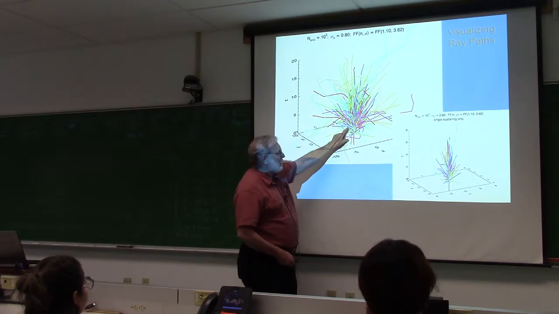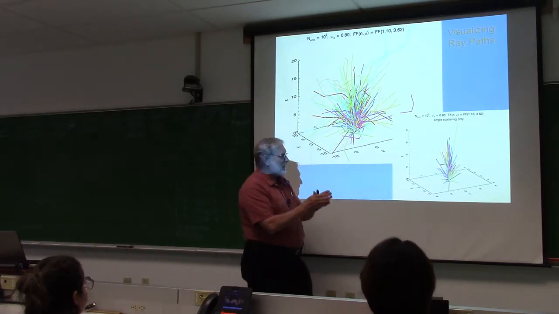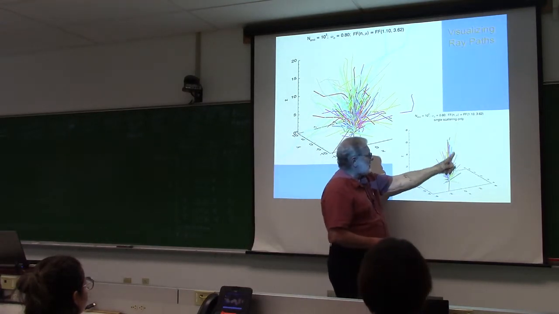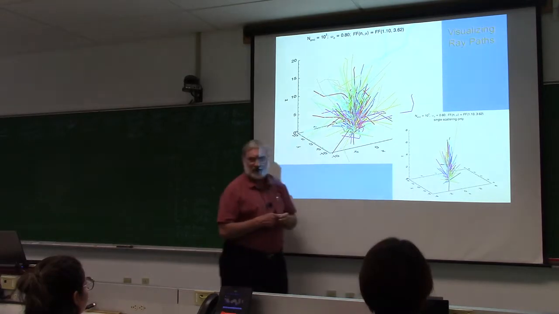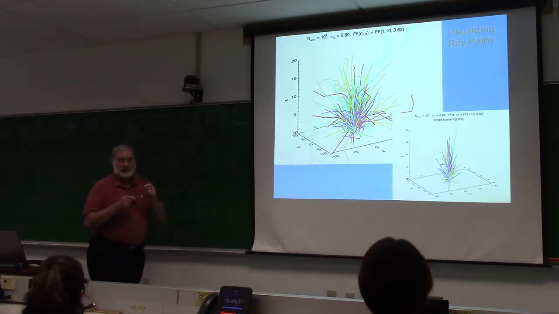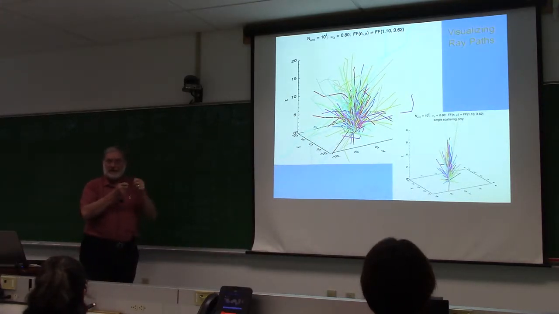If I looked only at just the rays that have been scattered once, well, here's what you see. And one of the kind of nice things about Monte Carlo is you can trace these photon packets from scattering to scattering to scattering.